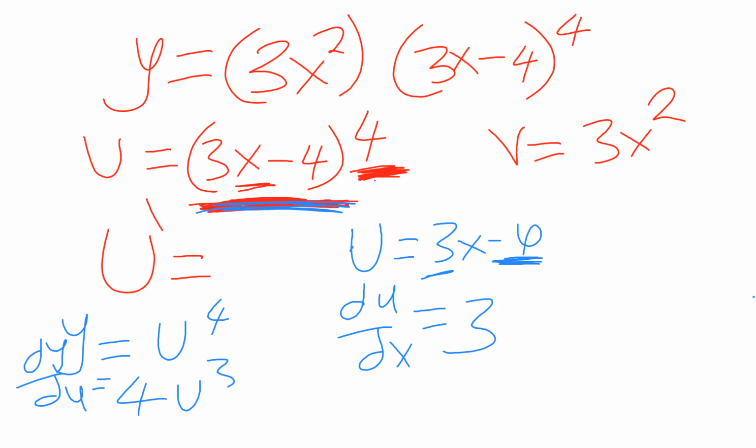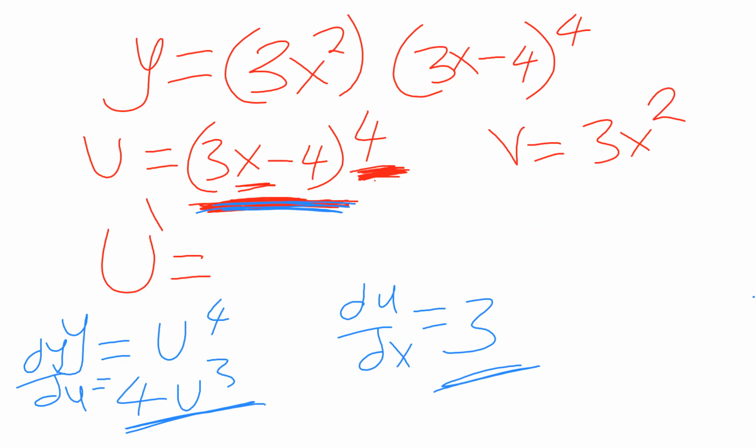According to the chain rule, we need dy over du to multiply with du over dx. So multiplying the two expressions, it will be 3 times 4u to the power 3, right?